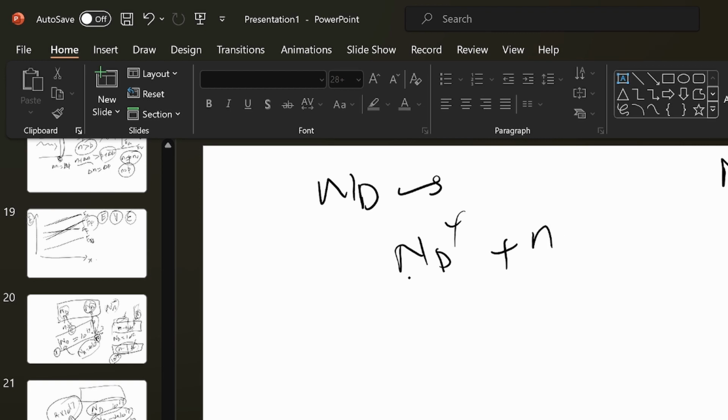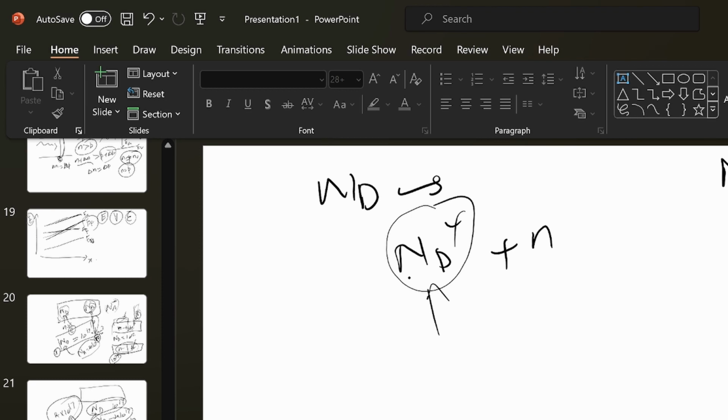So in a semiconductor, at equilibrium, the number of holes should always equal the number of electrons. One other thing I forgot to tell you is that this Nd plus is nothing but positively charged ions.